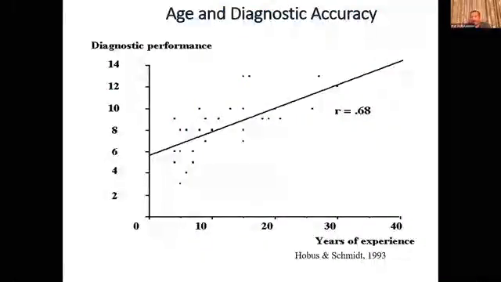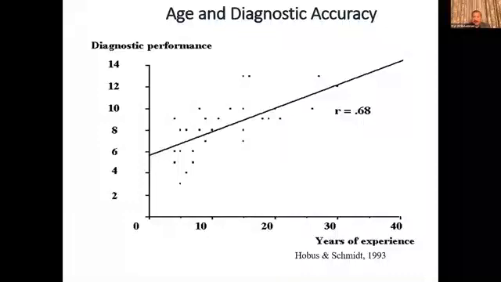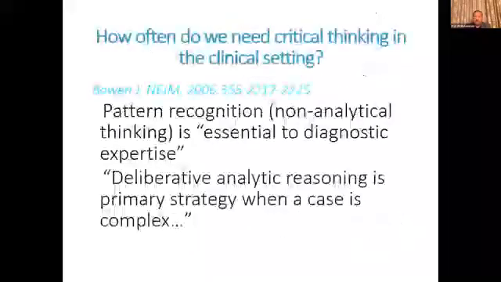And in this graph, we can see the positive, linear correlation between the years of experience and the diagnostic performance. The longer the years of experience, the better the diagnostic performance.